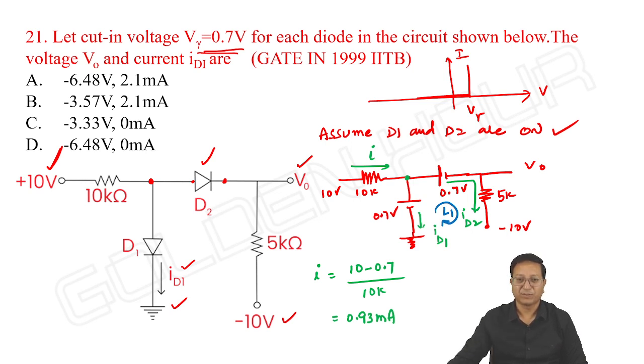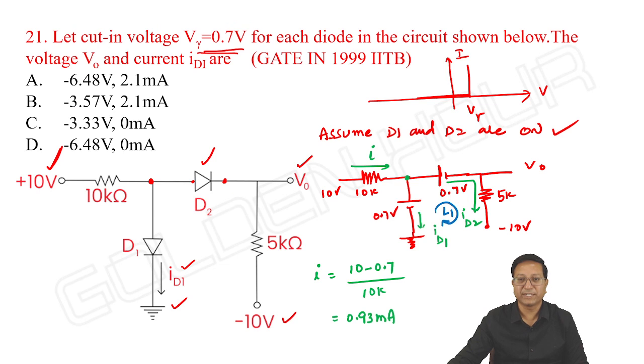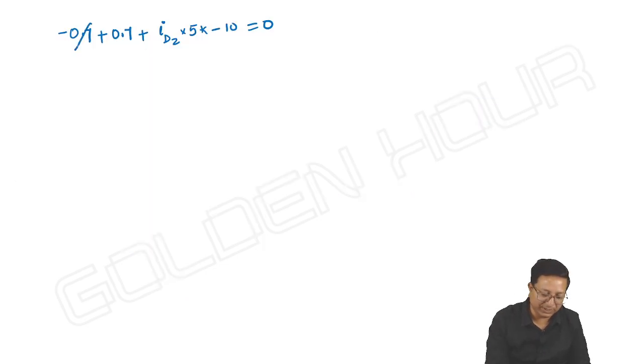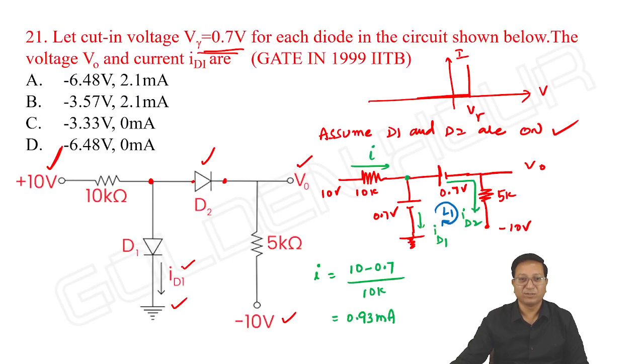Then ID2 is equal to 10 by 5 kilo ohm, which is 2 milliampere. ID2 we have got and I also we have got.